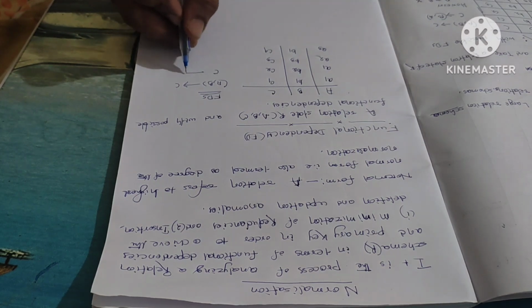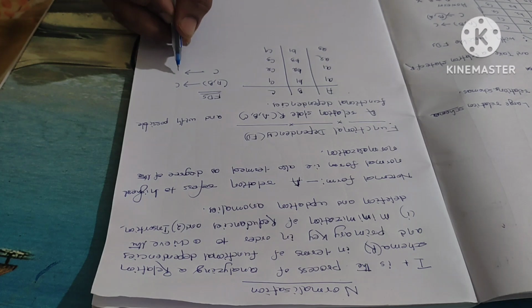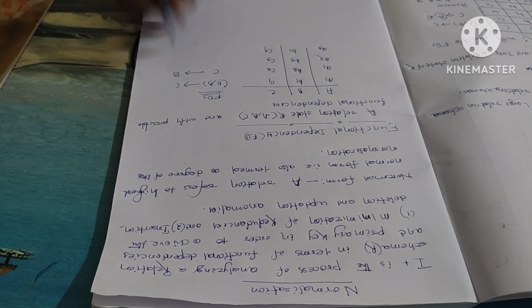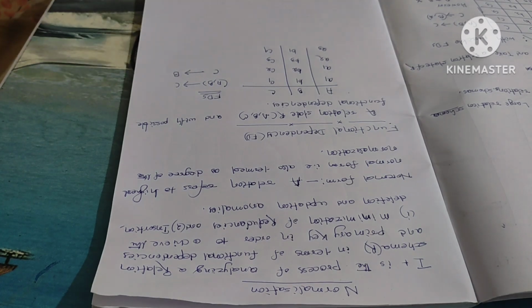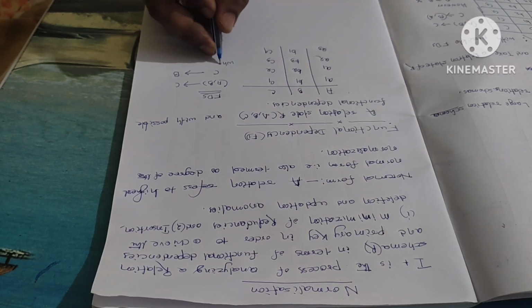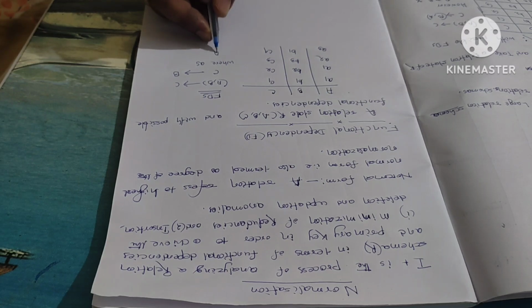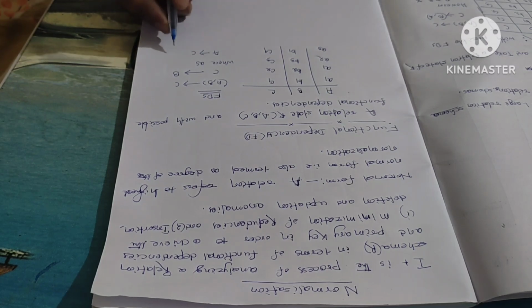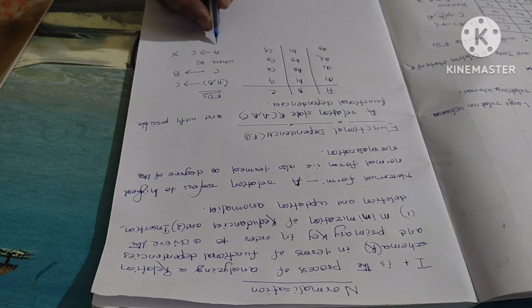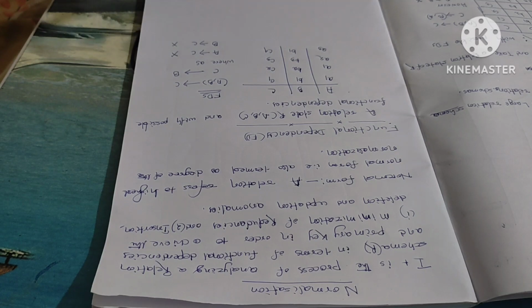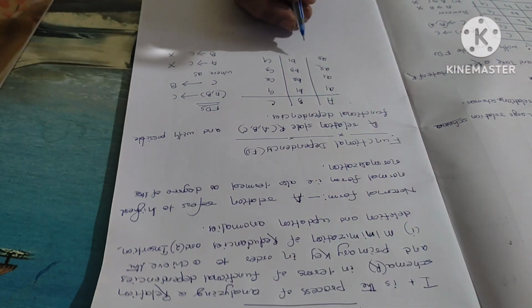C provides a functional dependency to B, whereas A tends to C does not hold good, and B tends to C does not hold good. So what is the definition of functional dependency?